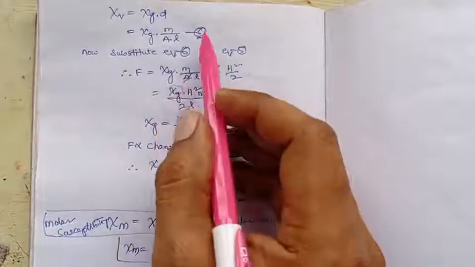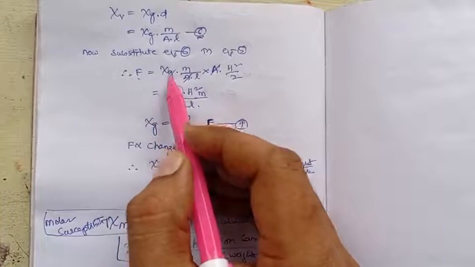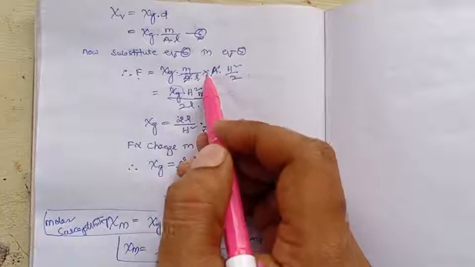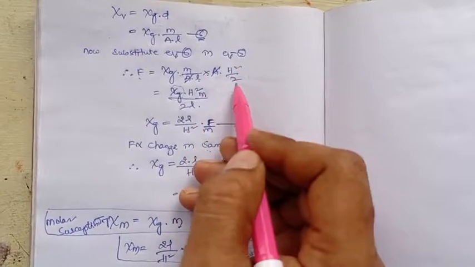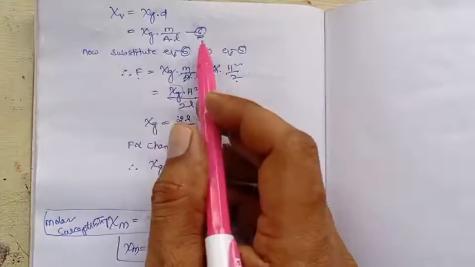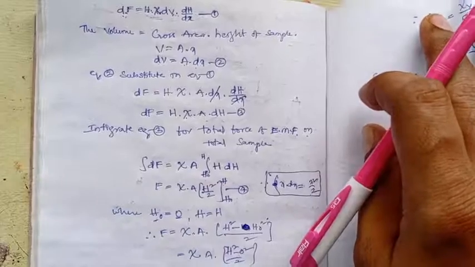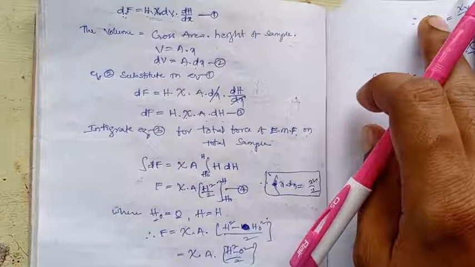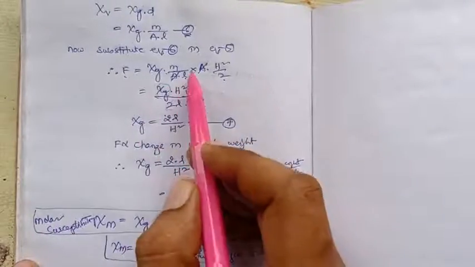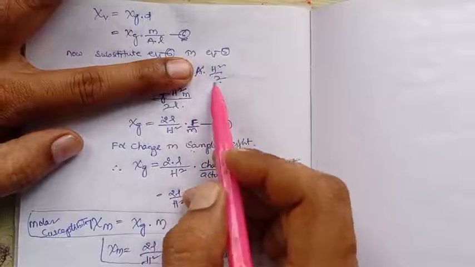Now when we substitute equation number 6 in 5, F is equal to gram susceptibility into m by A into l into A into h square by 2. Equation number 5 is F equal to volume susceptibility into A into h square by 2.